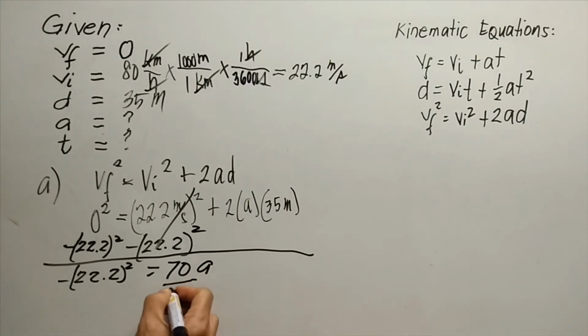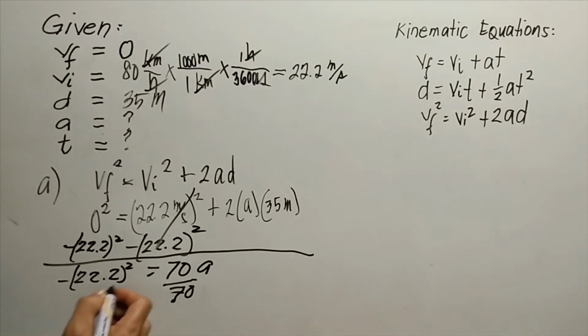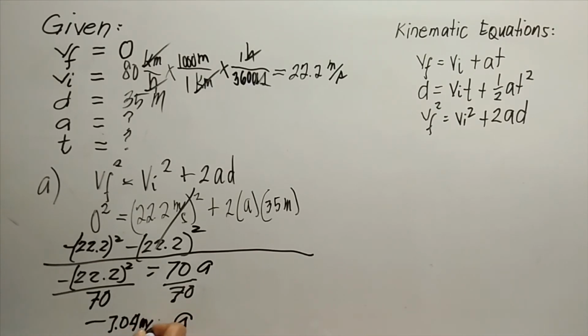Transposing this value to the other side, so we'll divide this by 70. Do the same with this side of the equation symbol. So our final answer, therefore, for acceleration is negative 7.04 meter per second squared.